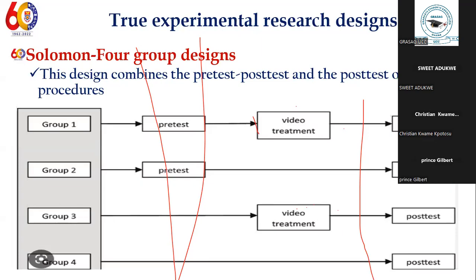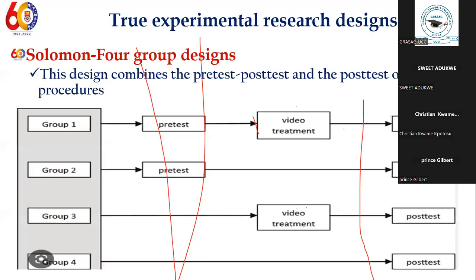When you go to the pre-test, post-test design, you will see that some of those variables are not being controlled for. When you come to the post-test only design, some of those variables are also not being controlled. So researchers came up with the idea that if there will be biases in some of these designs, why not control for all this in one study using another design called the Solomon 4 group design?